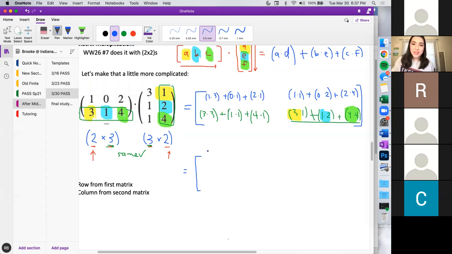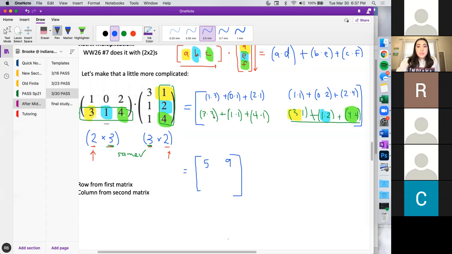We can redo it. Okay, so I'm just gonna simplify this down. So this number is 1 times 3 is 3 plus 0 plus 2. So that's gonna be a 5. This one's 1 times 1 is 1, plus 0 times 2 is 0, plus 2 times 4 is 8. So 1 plus 8 is 9.